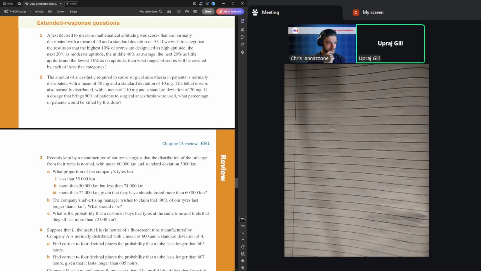Bottom 10% will be cut off at around 37. Then the next is 20%. Obviously, we'll start at 37 and cut off at 44, 45. Then the middle will start there and end at 55.